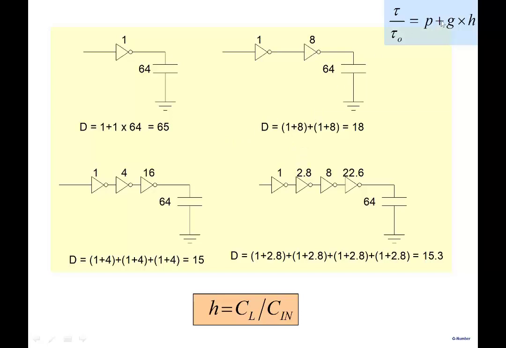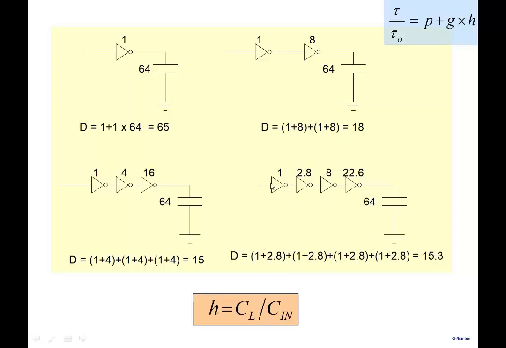If you apply the same formula, P plus GH, the first inverter is 1 plus 8. What is the load of this? Size 8. And what is the input here? 1. So electrical effort is 8. And the electrical effort here is also 64 by 8. 1 plus 8, so 18. If you take 3 of them and calculate in this manner, 15. If you take 4 of them and calculate in this manner, 15.3.